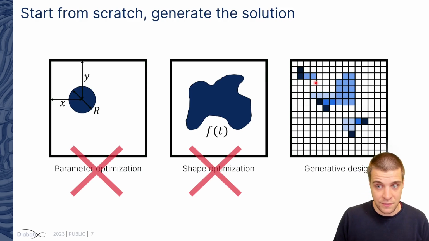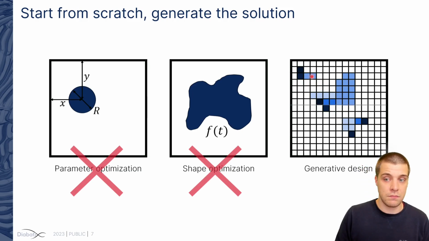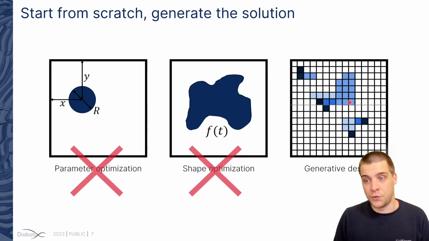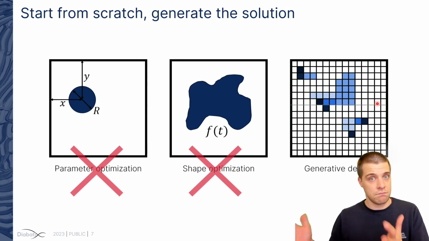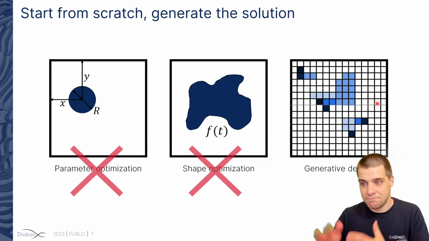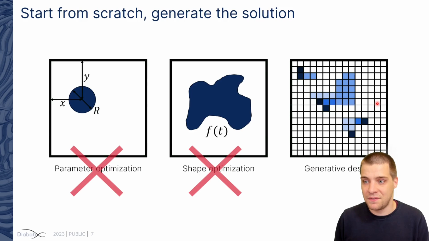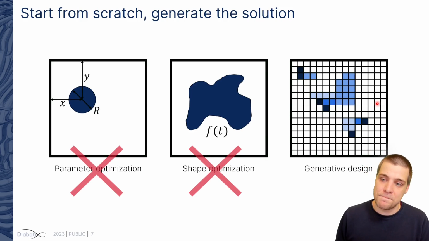For example, here you can choose to fill those 4 elements with material, or this blob of material with fluid, for example. And by using this optimization strategy, the final outcome can be something very organic, something very non-human, without the penalty of your initial design being the limiting factor.